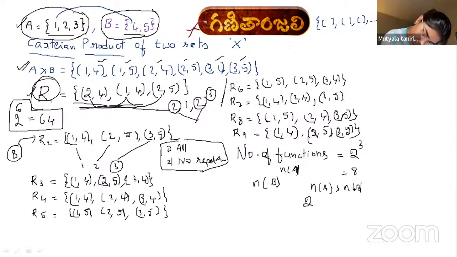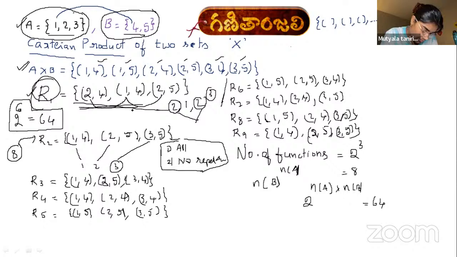First one: A has 3 elements, B has 2 elements. 3 times 2 is 6. 2 power 6 is equal to 64. So the sets A and B have 64 relations.